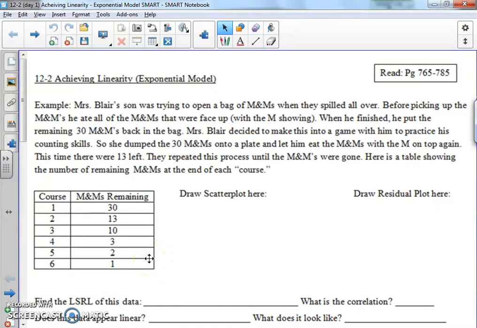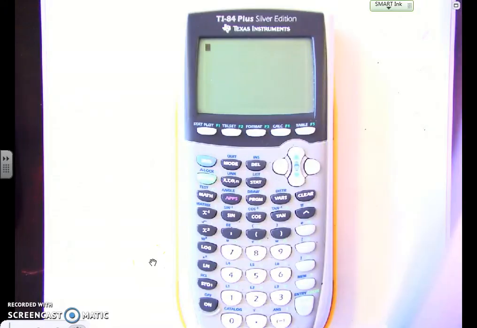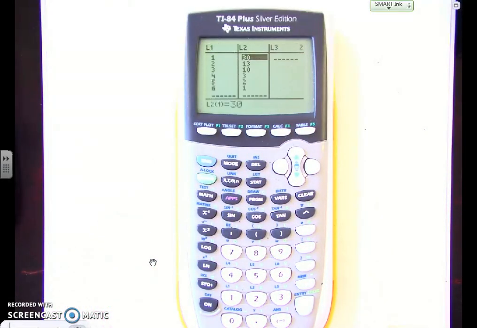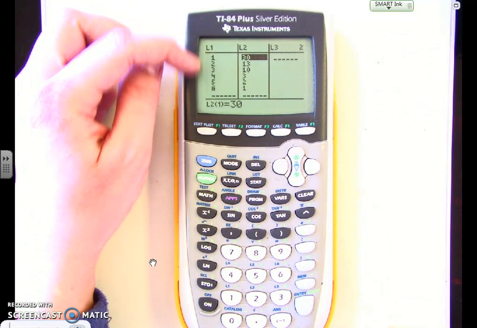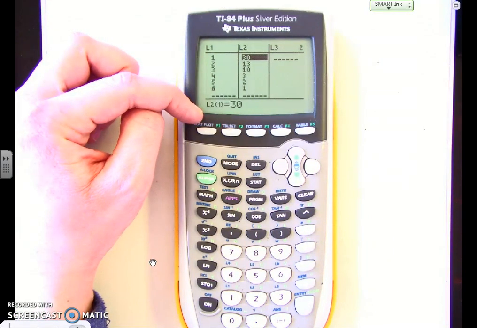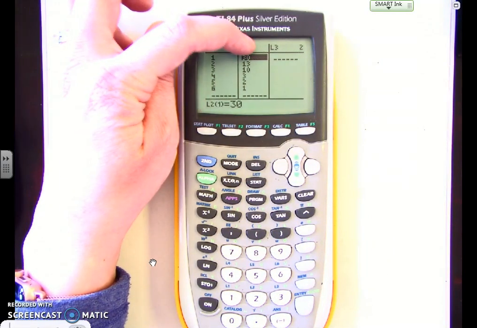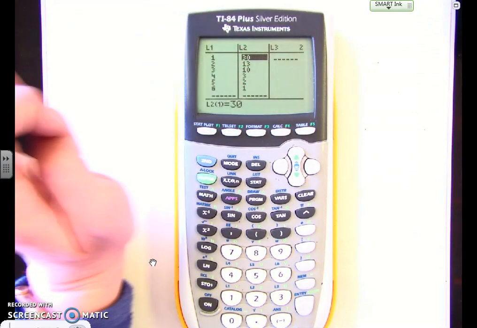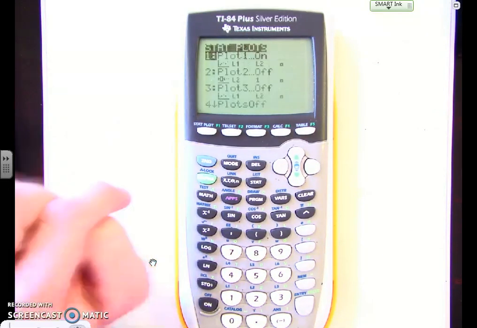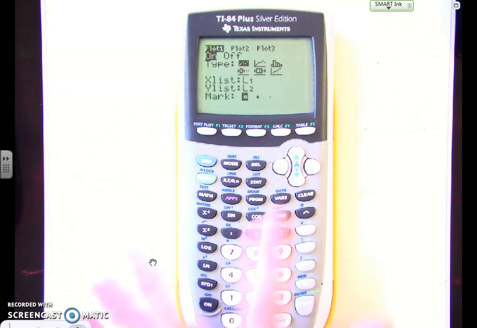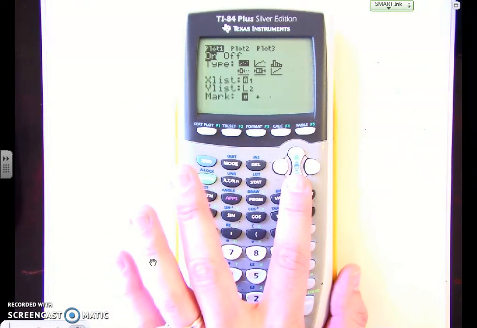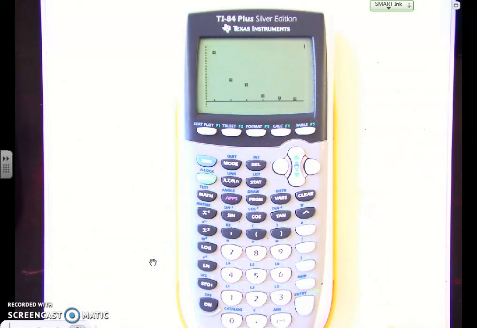So what I did is in my calculator, I already have it listed. I put the course number in list 1 as the explanatory, and I put how many M&Ms he had left in list 2. To make a scatter plot, second stat plot, I'm going to choose the scatter plot option, list 1, list 2, zoom 9.